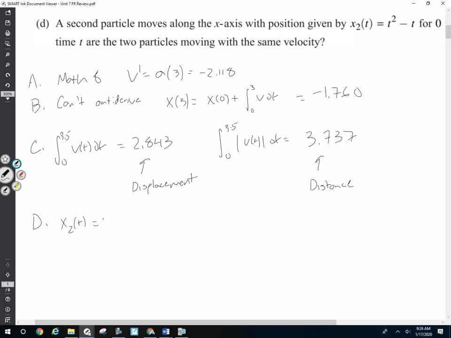x2, t squared minus t, its derivative would be the velocity of the second particle. That's 2t minus 1. I will set that equal to the velocity of particle 1.